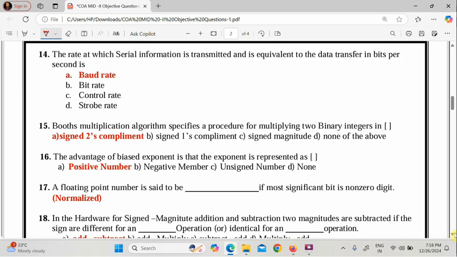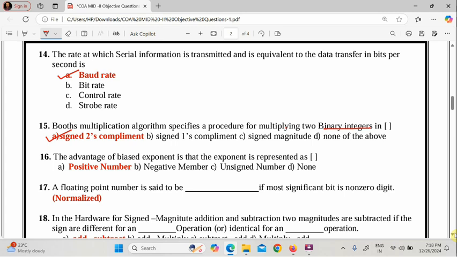The rate at which serial information is transmitted, equivalent to the data transfer in bits per second, is called baud rate. Booth's multiplication algorithm specifies a procedure for multiplying two binary integers in signed 2's complement method.